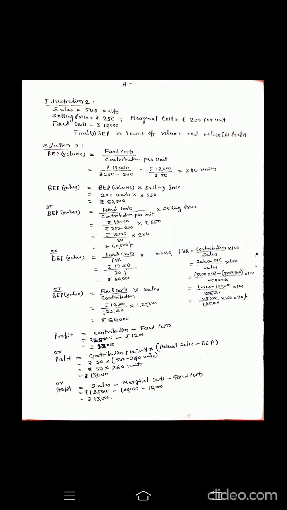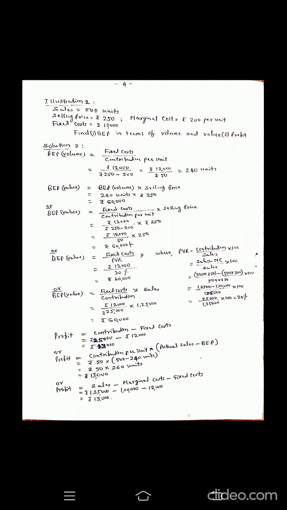It means that when 240 units are sold at rupees 250 per unit, sales value becomes rupees 60,000. We can say that when 240 units are sold or when sales are rupees 60,000, there will be no profit, no loss.